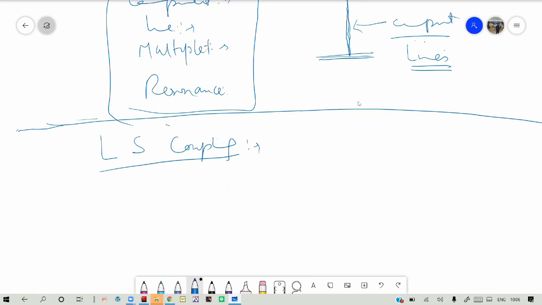Now, in LS coupling and JJ coupling, first we need to understand that up to now, what we discussed was mainly one electron atoms.